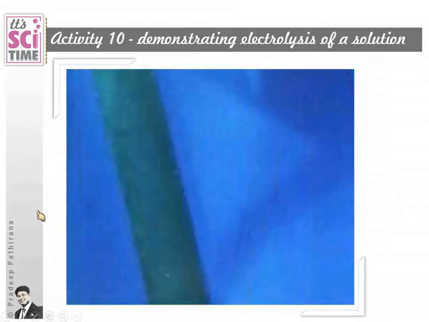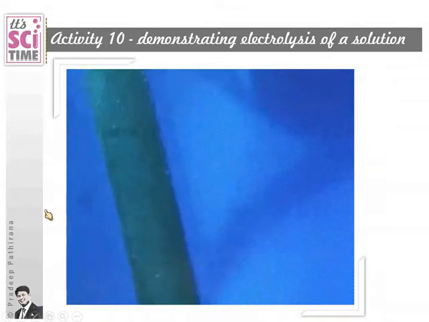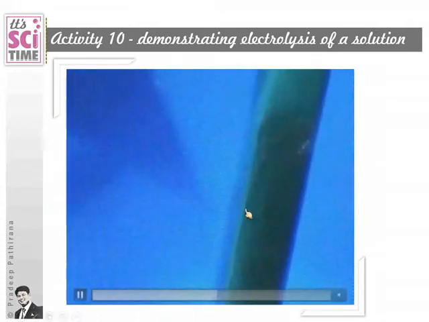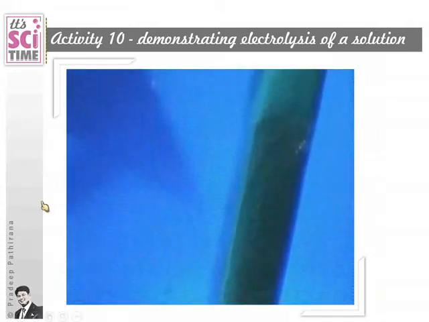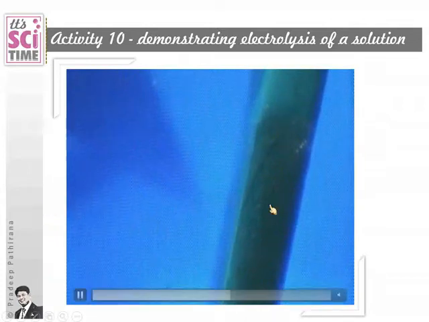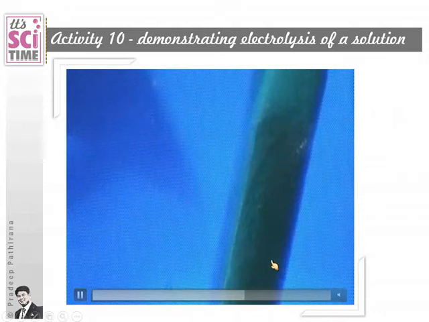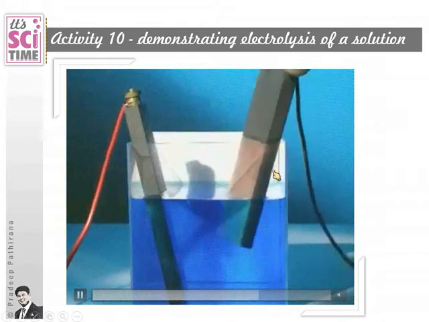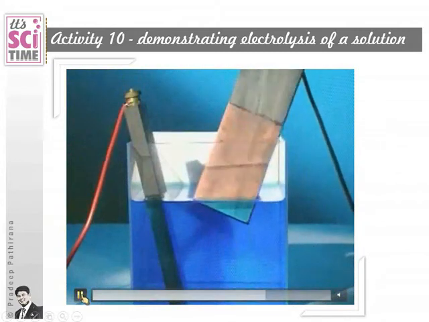From one side you can see small bubbles. On the other side we still can't see a clear difference. But when you take this electrode out, this is the negative electrode, or negative conductor, clearly you can see a brown colored substance has been deposited on it.